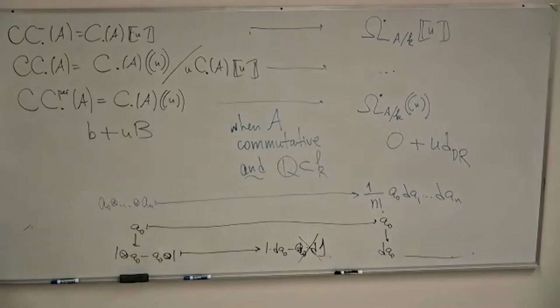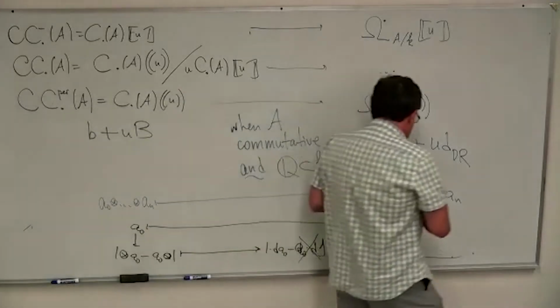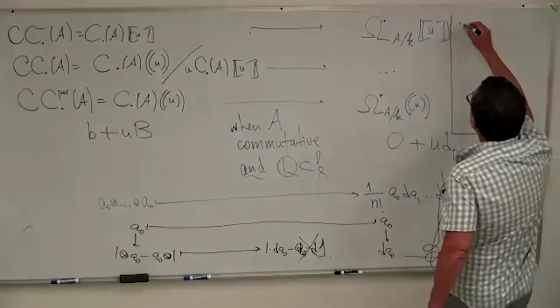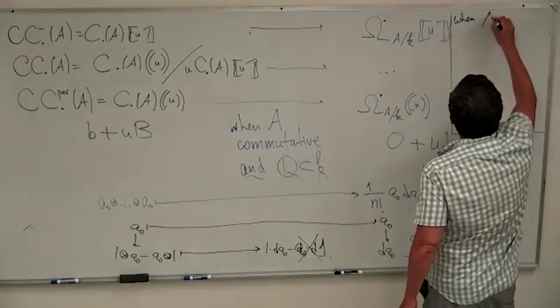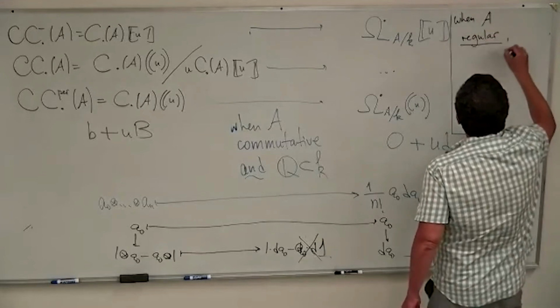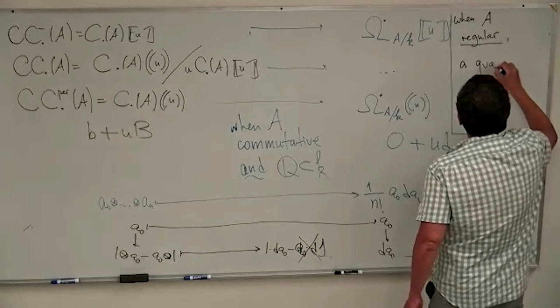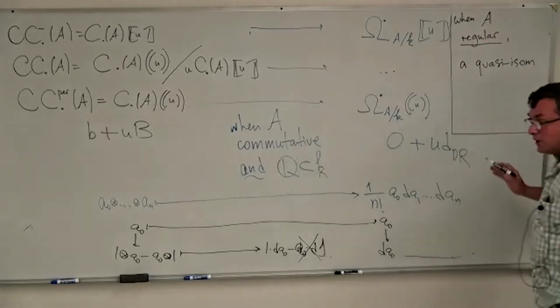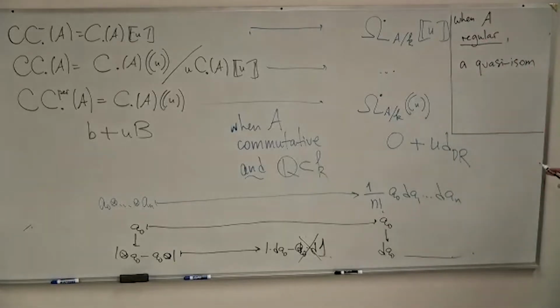And when A is regular commutative, it's a quasi-isomorphism.